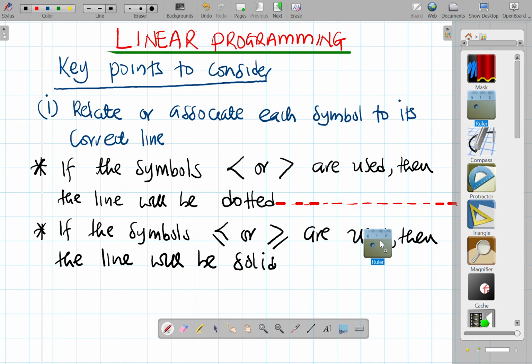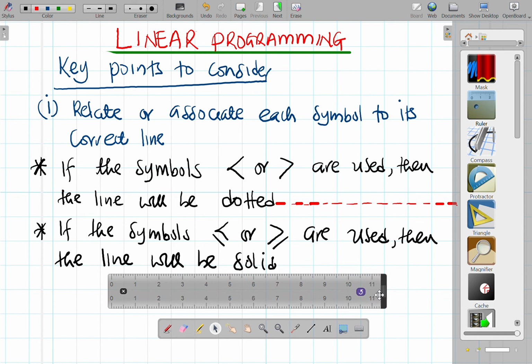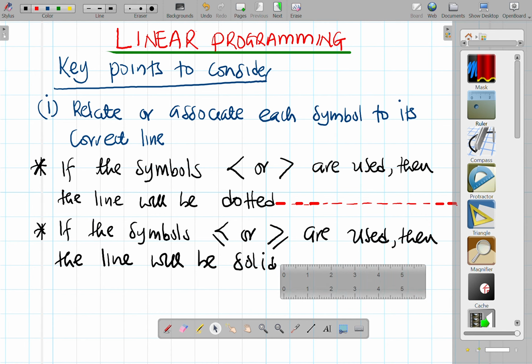We're going to have a solid line like so. So that is it. This is very important as you look at linear programming.